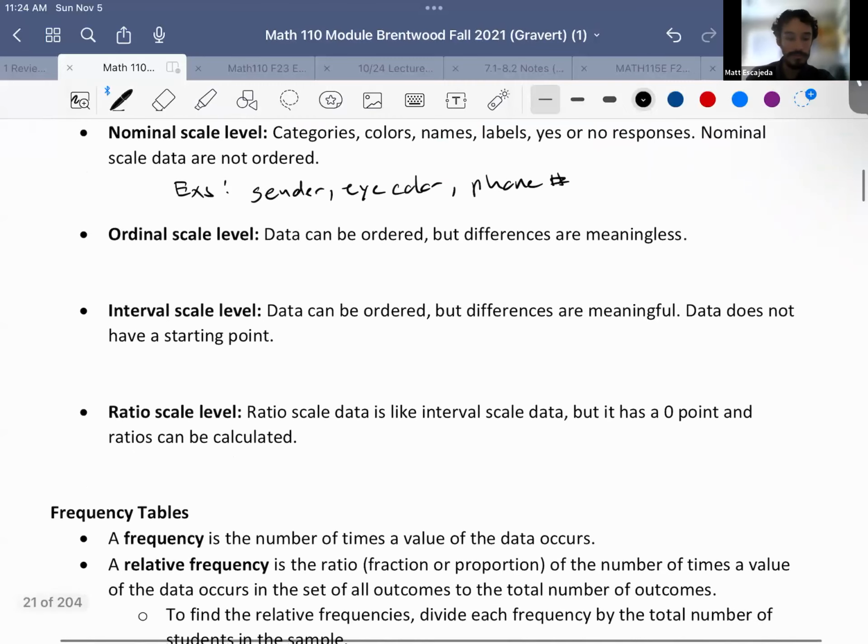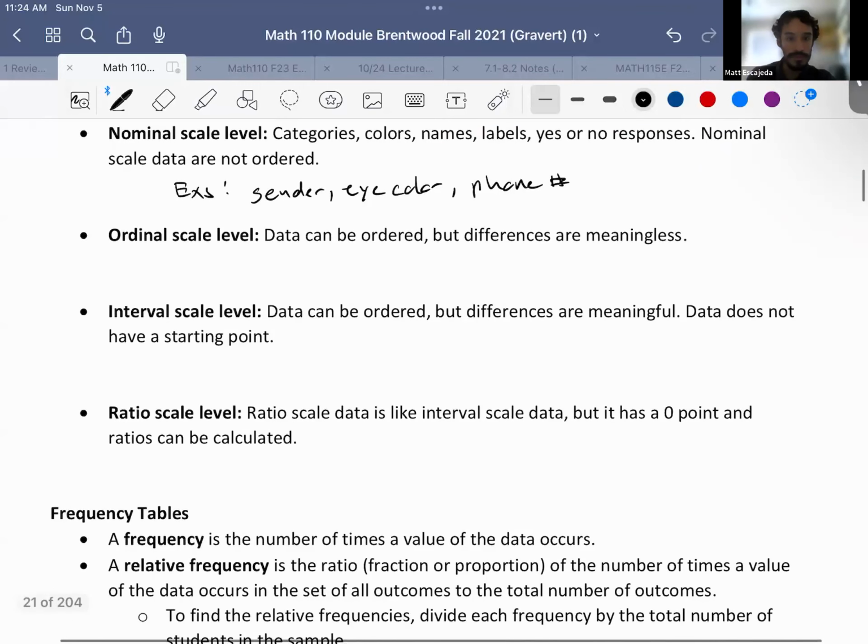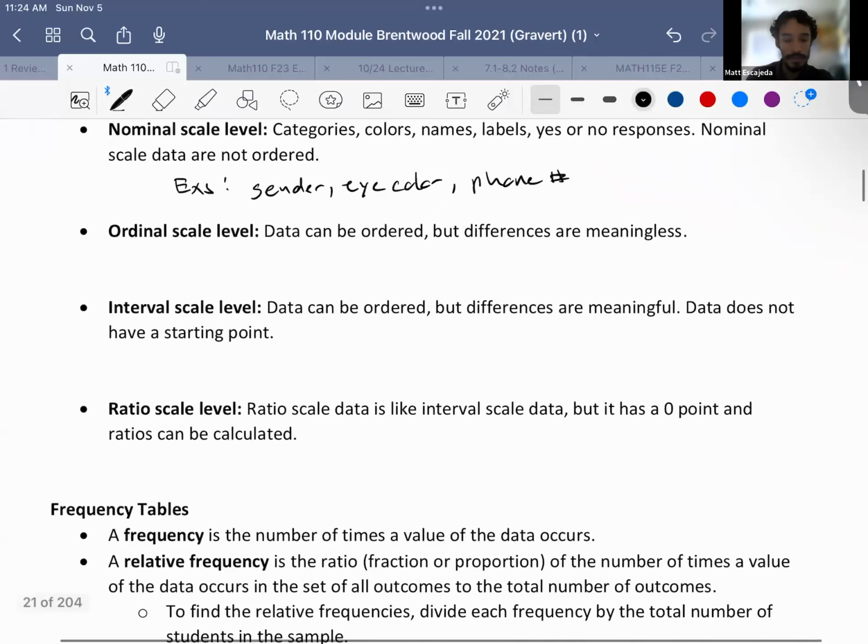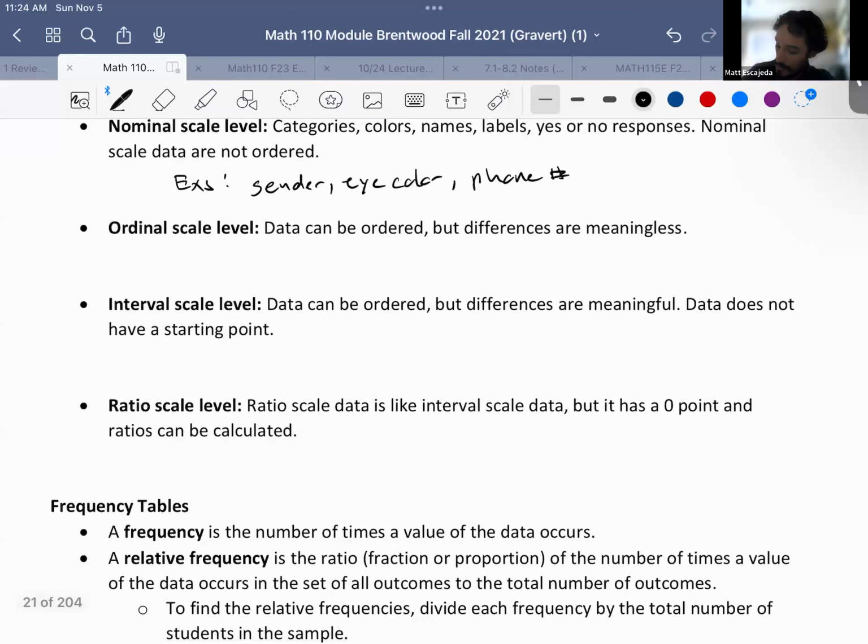The next one is ordinal scale level. Data can be ordered, but the differences are meaningless. What do we mean by this? Some examples of these are grades, shirt size, shoe size.